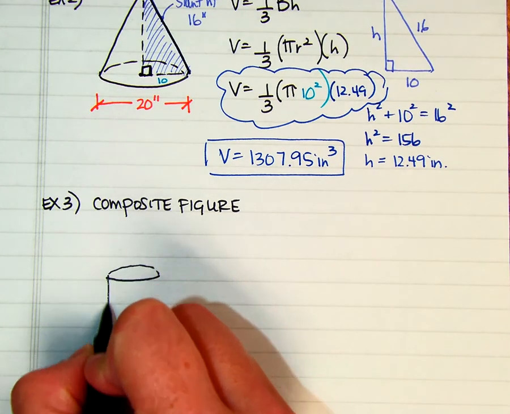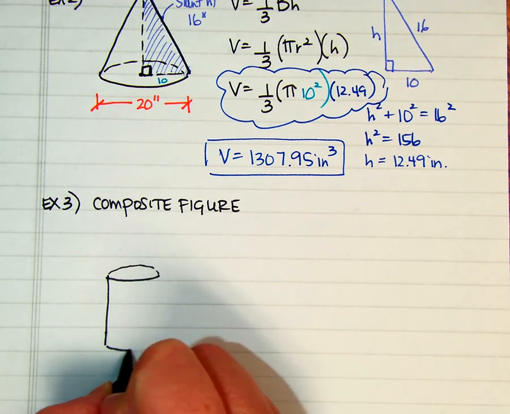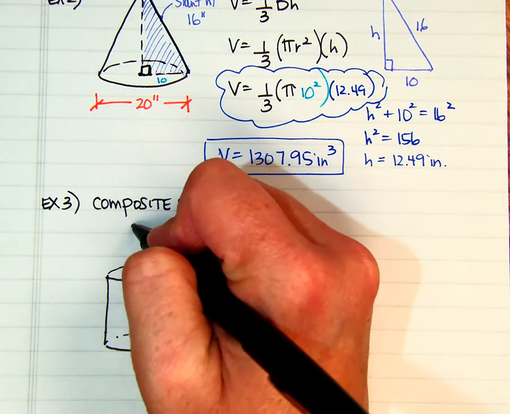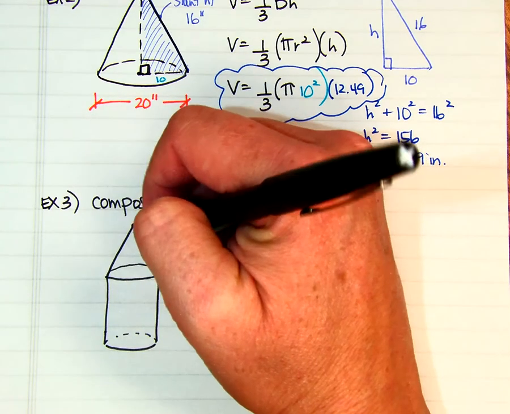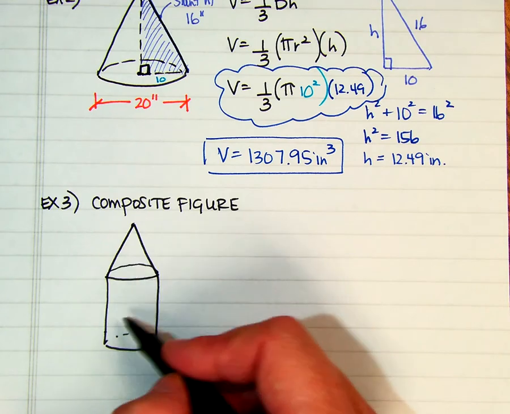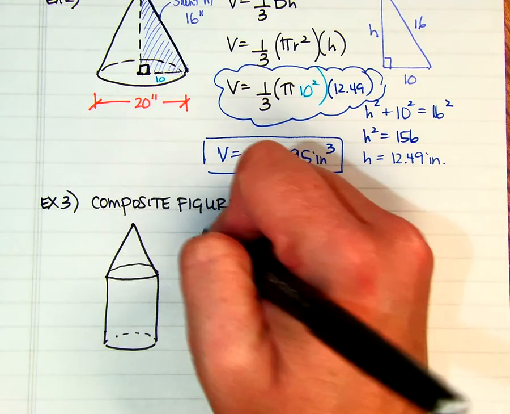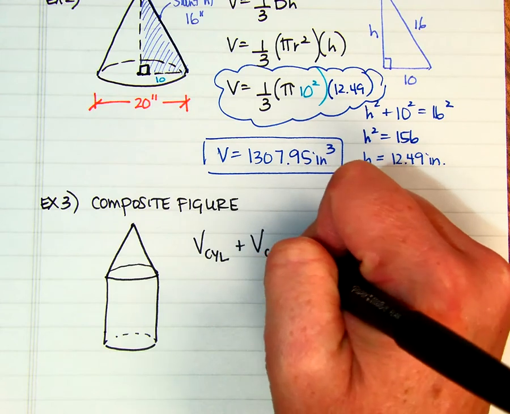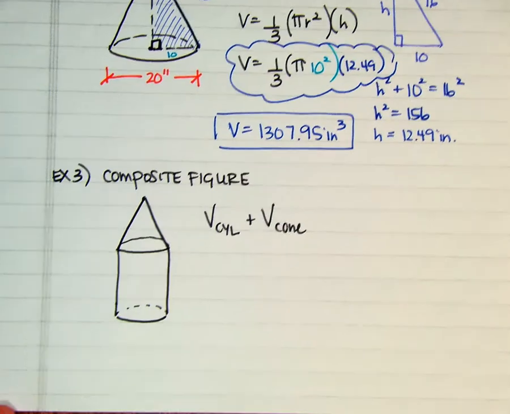So for example, if I had a cylinder with a cone on the top, in order to find the volume of this whole figure, I would do the volume of the cylinder, and I would add the volume of the cone.